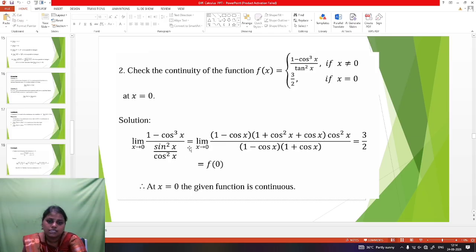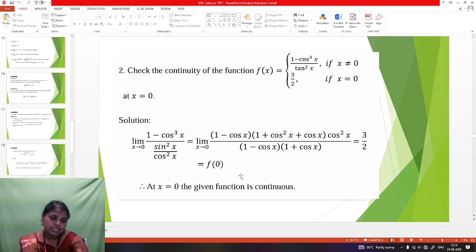Sin square x equals 1 minus cos square x, which is a square minus b square equals a plus b into a minus b.